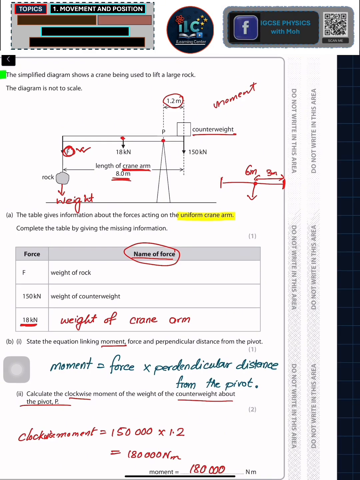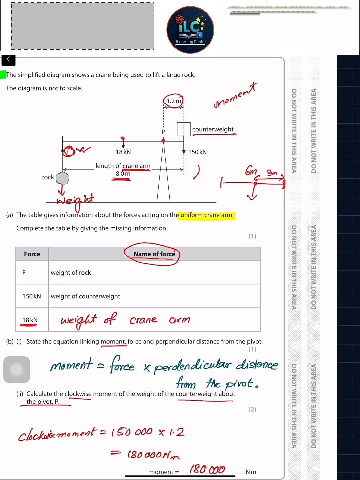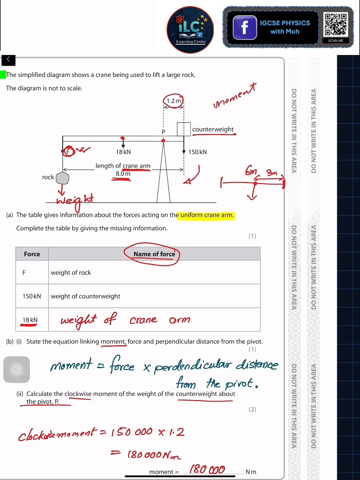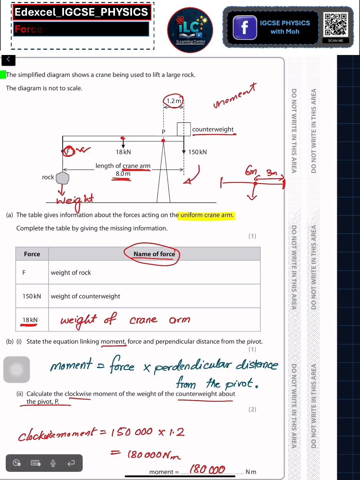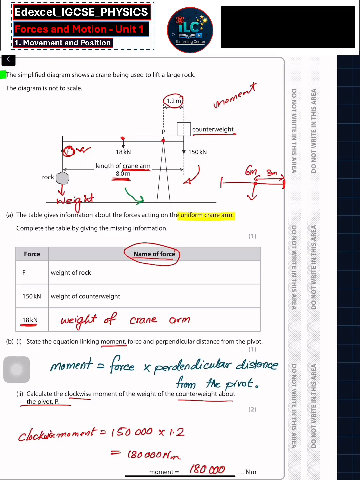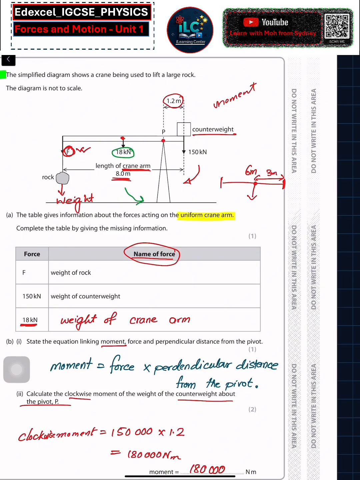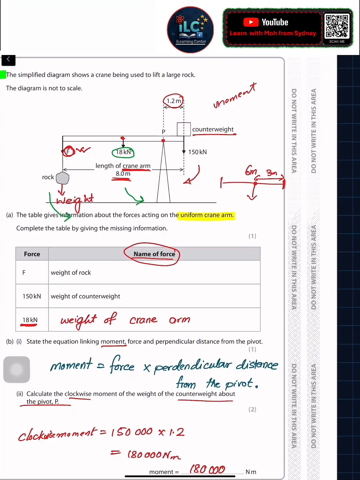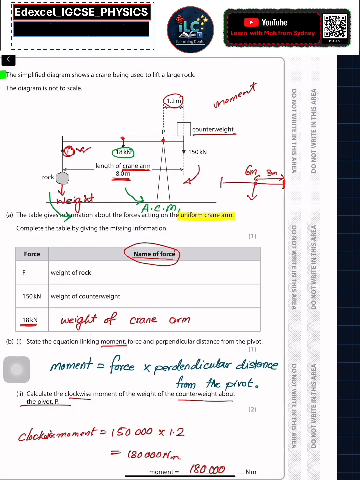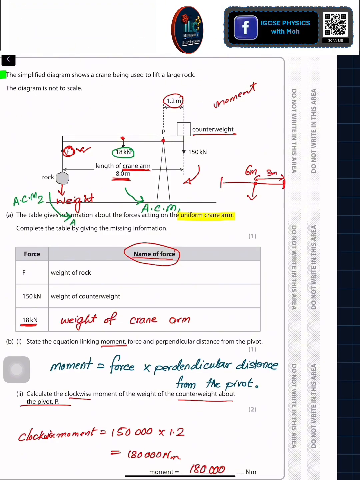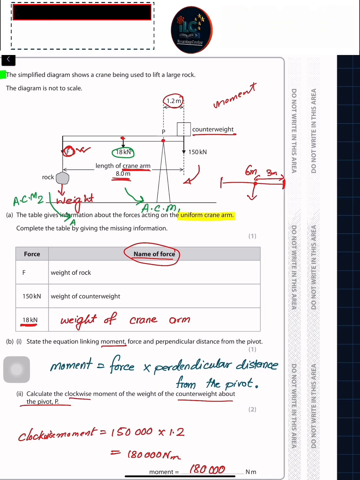We already have a clockwise moment, which is what you found just below. There are some anti-clockwise moments, this one due to this force and another one because of this one. Let's call this anti-clockwise moment 1 and this anti-clockwise moment 2. We always want to find the distance from the pivot.